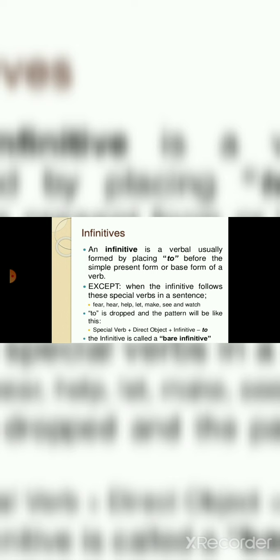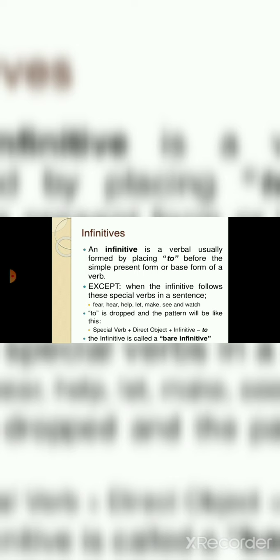Except when the infinitive follows these special verbs in a sentence: fear, hear, help, let, make, see and watch. These are the exception verbs, and no need to remember them. You will understand in the chapter, in the sentence where they are being used, and then you will find out this is an error.